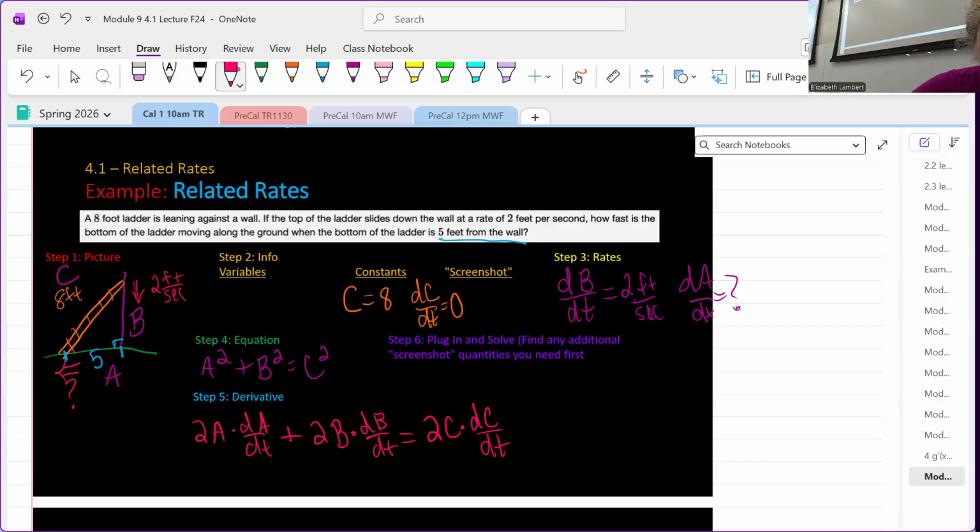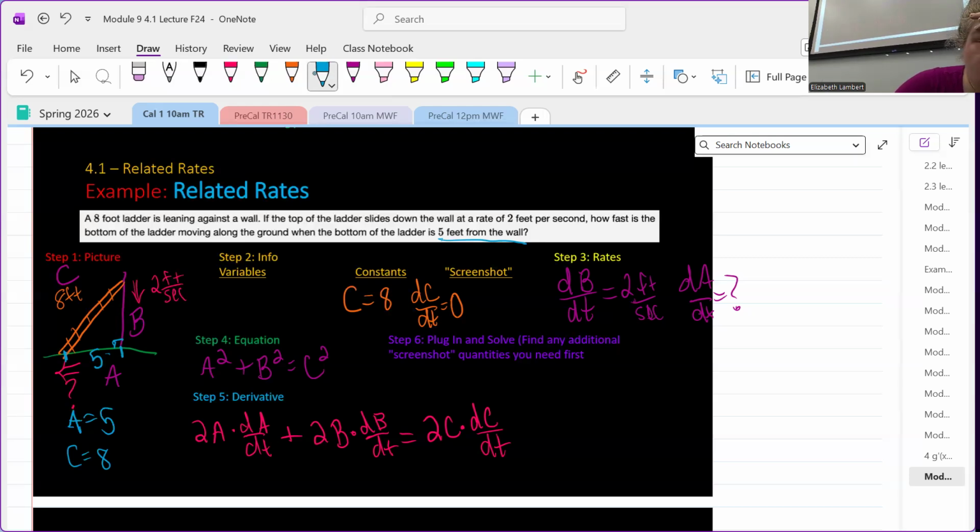So now I want to check the things I know and see if there's any missing variables. Over here, I knew that the ladder was 5 feet from the wall. So that is A. And I know C is 8. But when I look at my formula, I also need to know what B is.